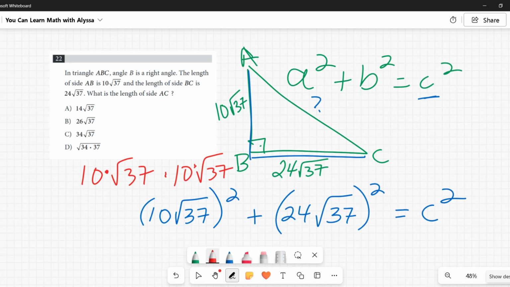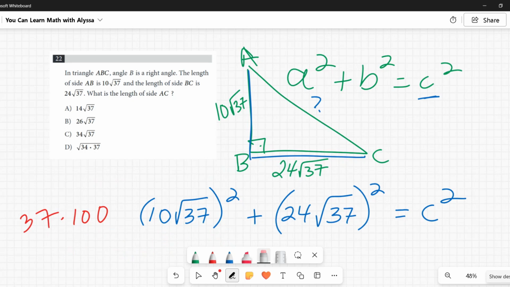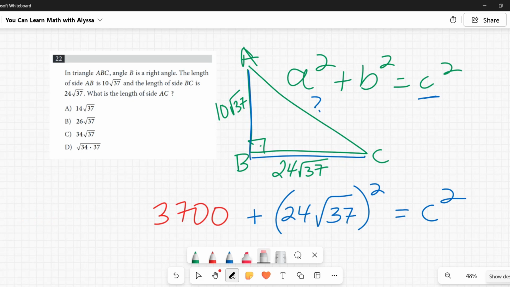So when we reorder, we get 10 times 10 times square root of 37 times square root of 37. 10 times 10 is 100, and square root of 37 times square root of 37 is just 37. So 10 square root of 37 squared is 37 times 100, or 3,700.